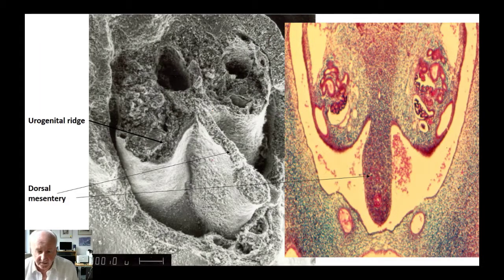You see the dorsal mesentery, and this is the urogenital ridge, and the second urogenital ridge you see on this place. The same, the dorsal mesentery, and here is the urogenital ridge on both sides.